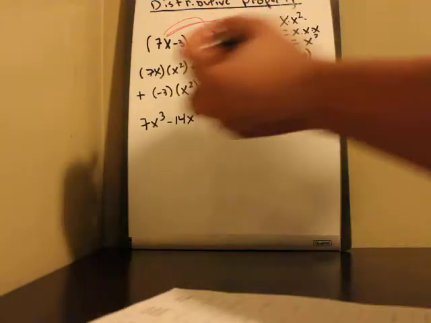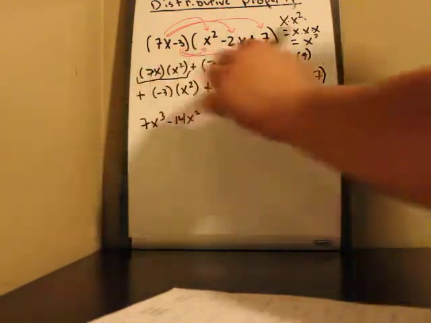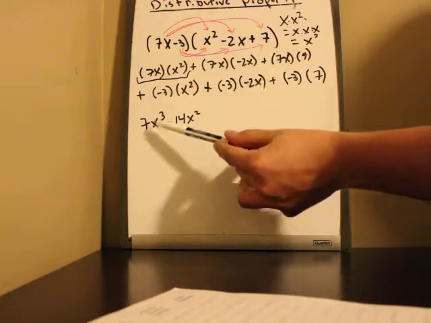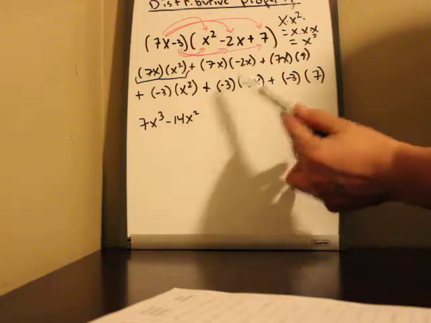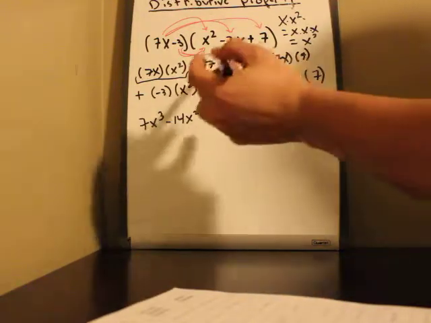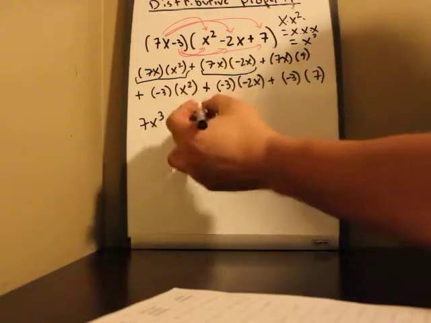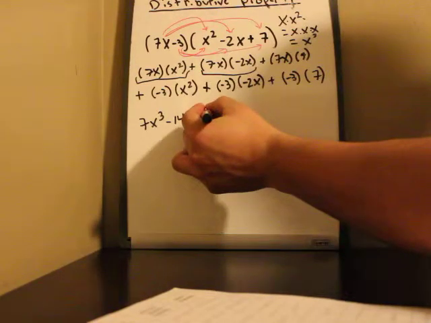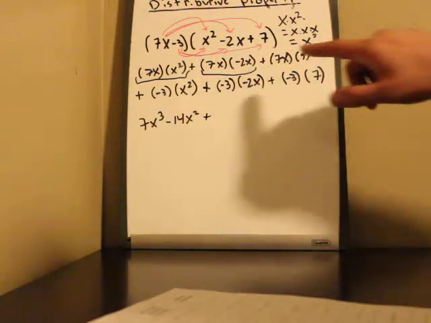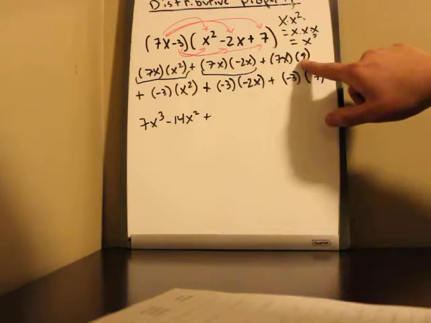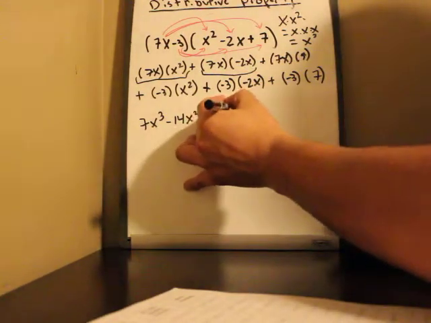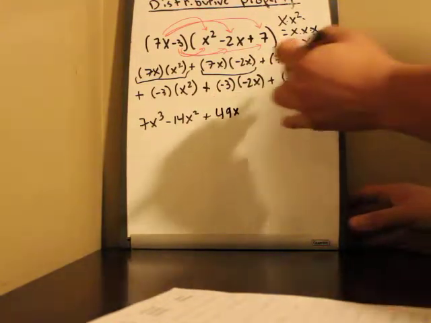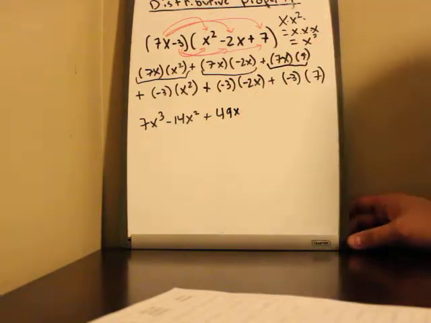So we took care of this one. Now we're going to get plus 7 times 7, which is 49, times x, which is just 49x.